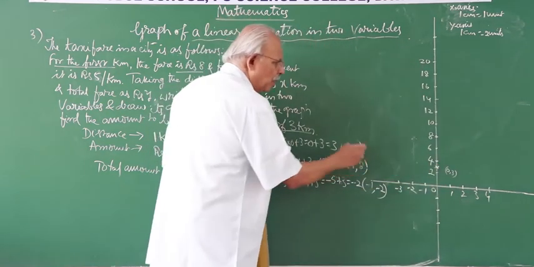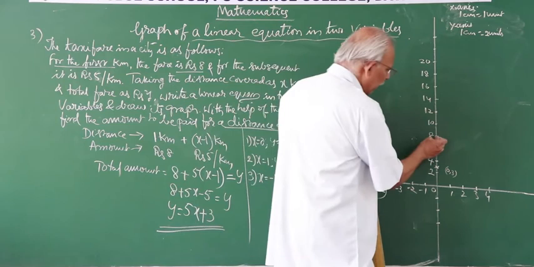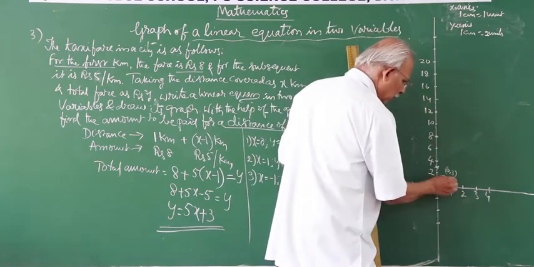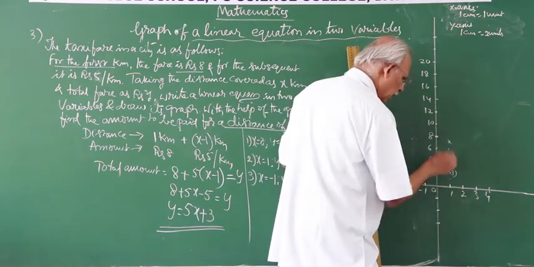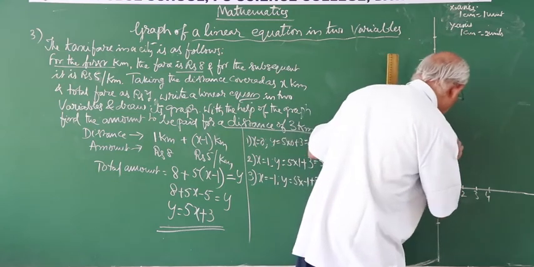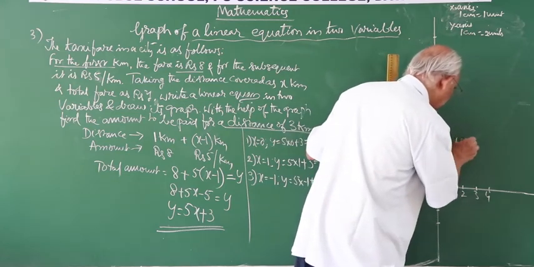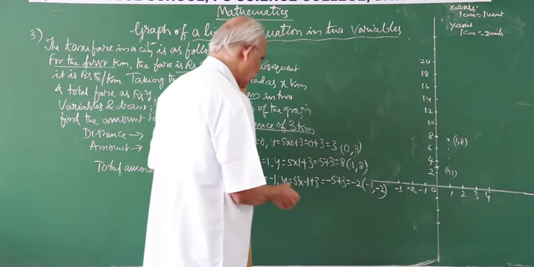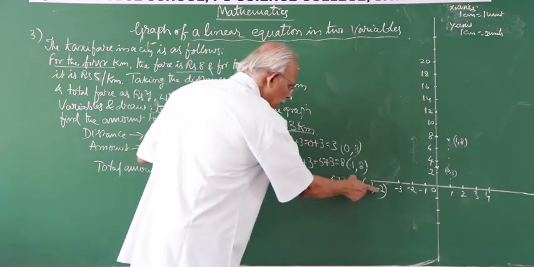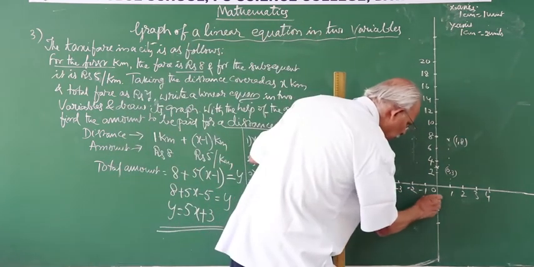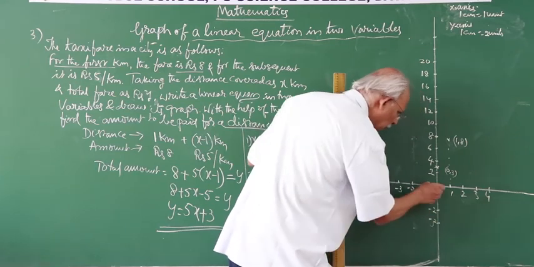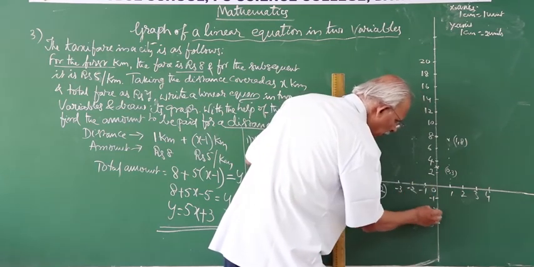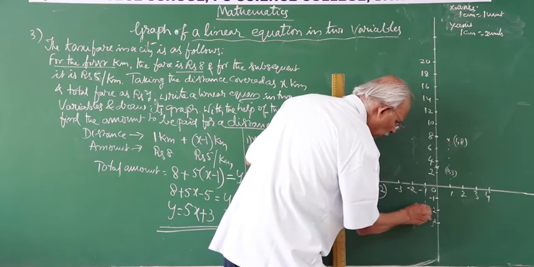Next, 1, 8. Here is 8, from 1. This is 1, 8. Next, minus 1, minus 2. This is minus 1, minus 2, minus 3. Minus 1 here, minus 2 here.